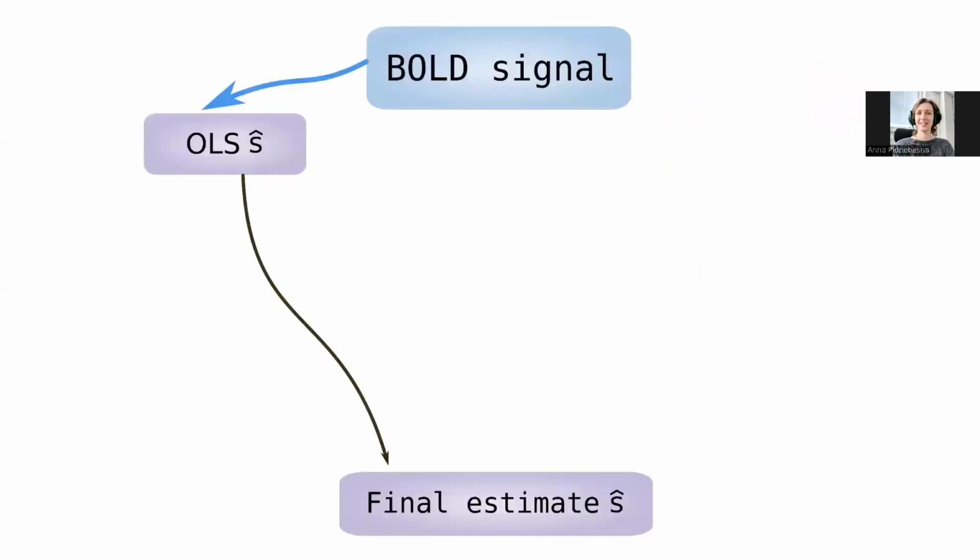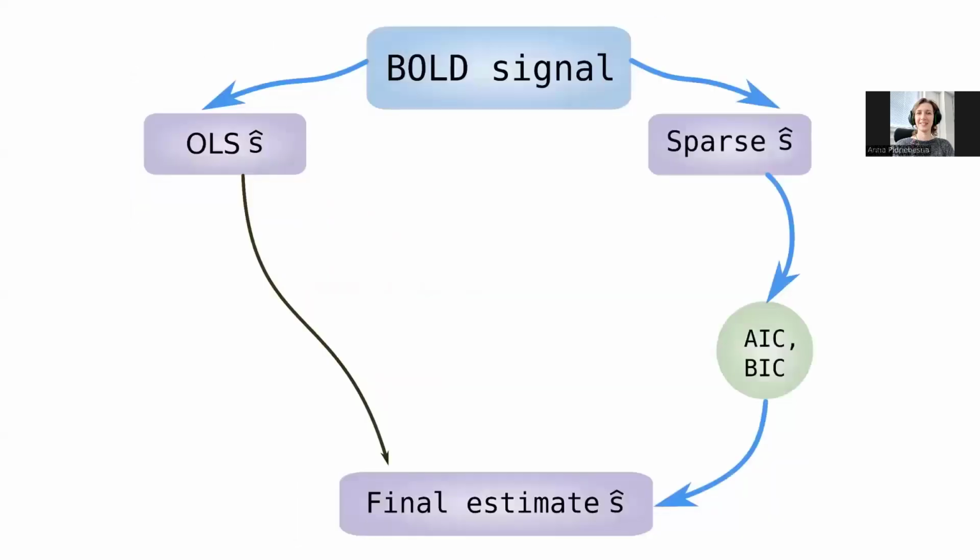So we start from the measured BOLD signal, and our goal is to estimate the neuronal activity S. As this task can be rewritten in a linear regression form, where we assume that the regressor matrix is known, we can apply the OLS approach. However, for this type of data, the OLS estimate is extremely noisy and not useful in practice. Thus, paradigm-free mapping based on sparse approaches was proposed by Caballero-Gaudes.